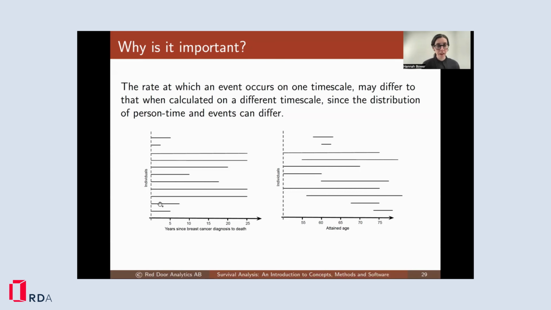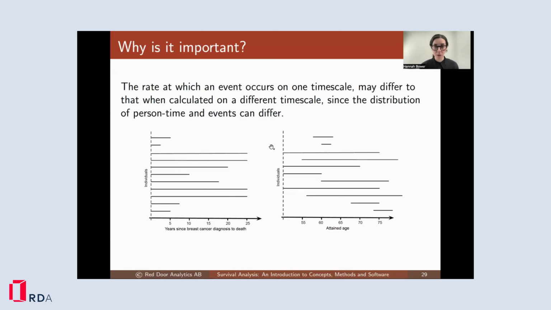Then if we shift this and look at the right-hand side of the slide, onto the attained age timescale, we can see that all of these lines are exactly the same length, but they're all shifted across this different timescale. And this is because we are now following them across the same amount of time, but the timescale is shifted.